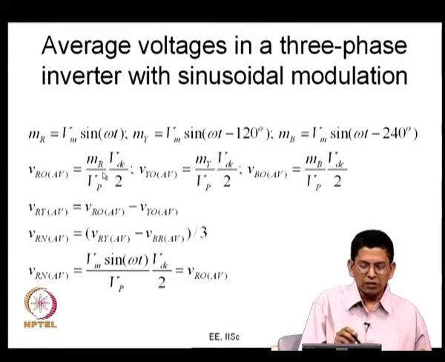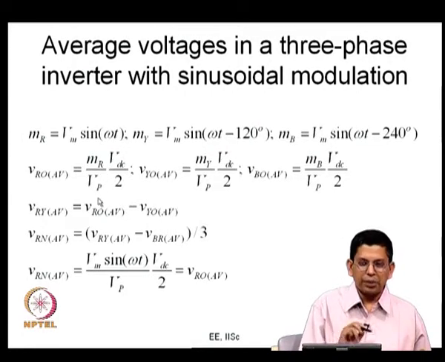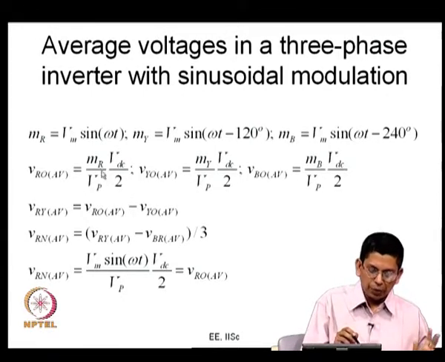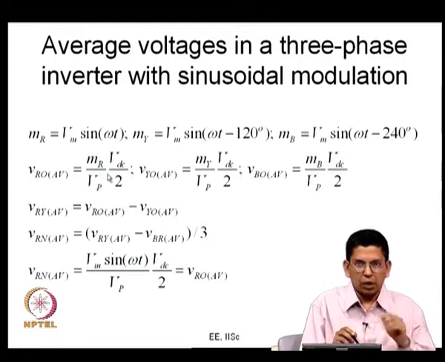So, whatever is the modulating signal value in that half carrier cycle divided by the peak of the triangular carrier, MR by Vp, times VDC by 2. Let us take MR equal to Vp, which is the highest value it can have during linear modulation. Even in over modulation, any value in excess is just ignored anyway.